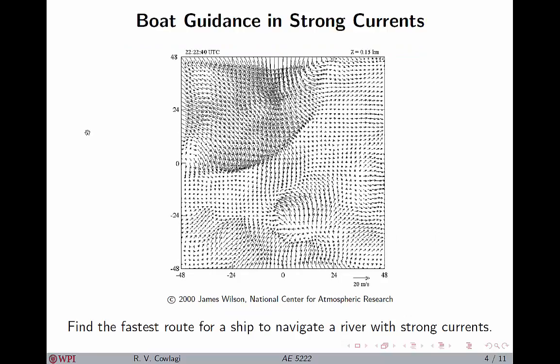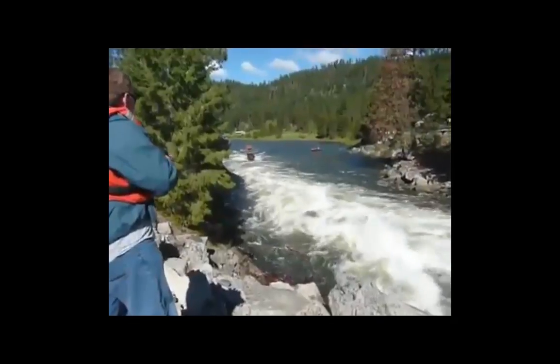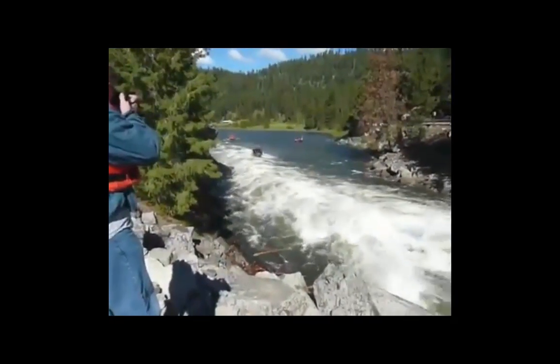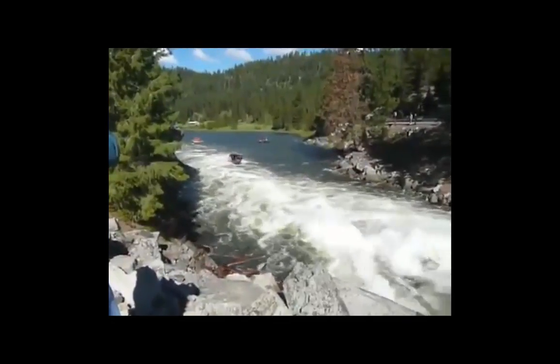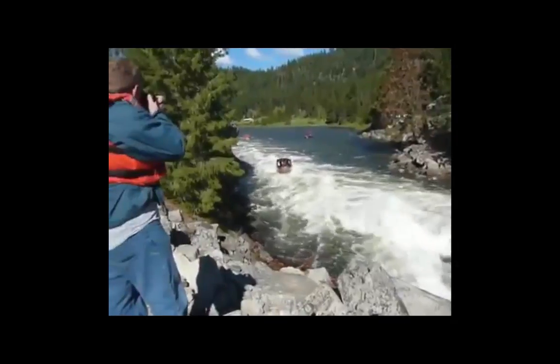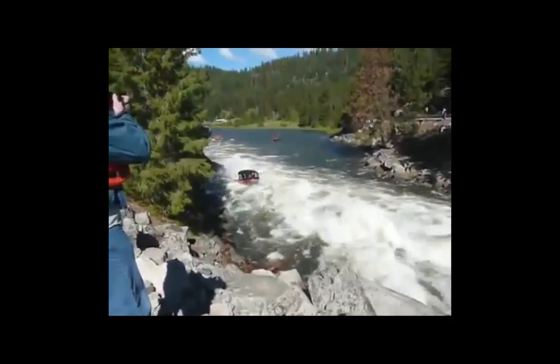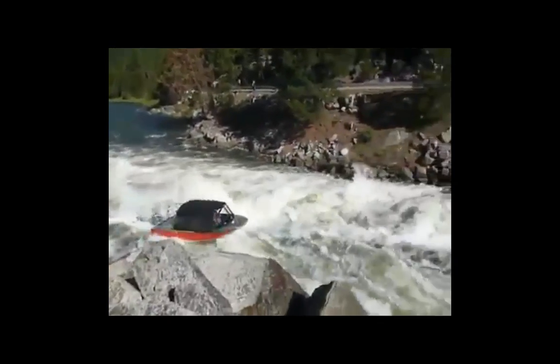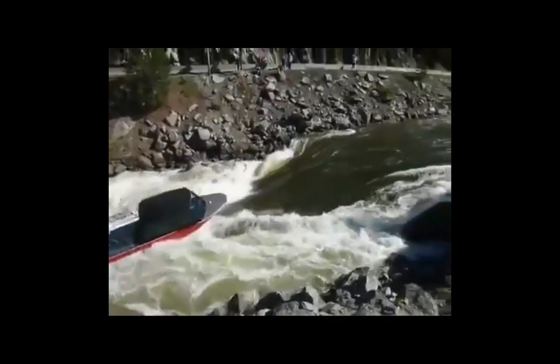Now, as you see in this video, here's another application of optimal control. Boats have a hard time when they're navigating in strong currents, and the direction of the current plays a very significant role in how much energy the boat spends and how much time the boat spends getting from one place to the other.